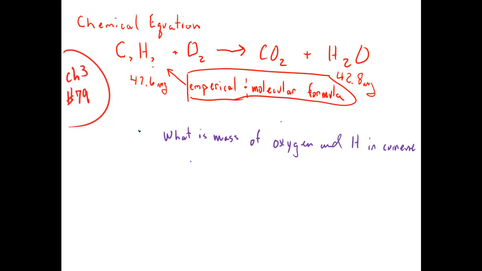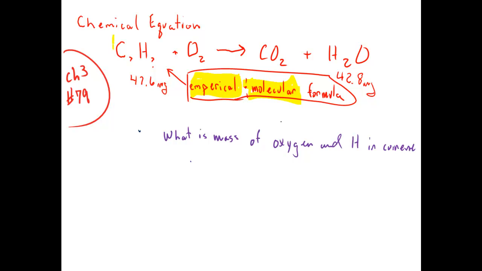Okay, Zoomdall, Chapter 3, problem number 79. The purpose of this particular problem is to have you solve for the empirical and molecular formula of Cumin, where, well, we don't know the formula.